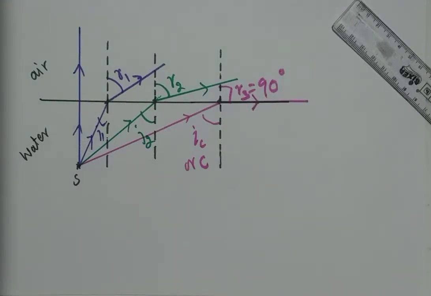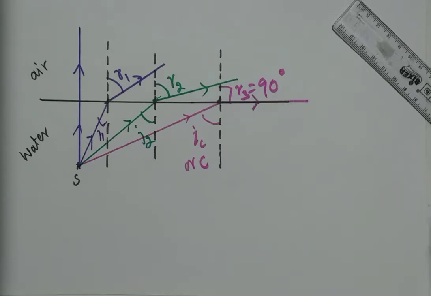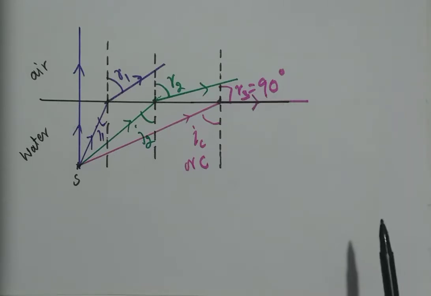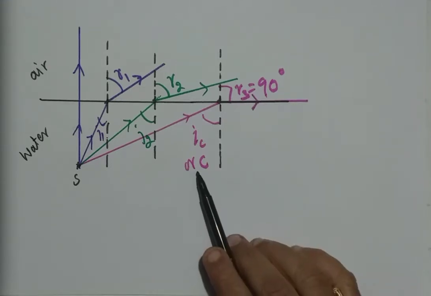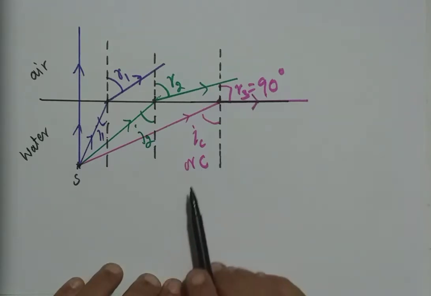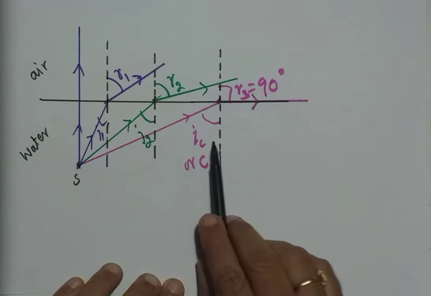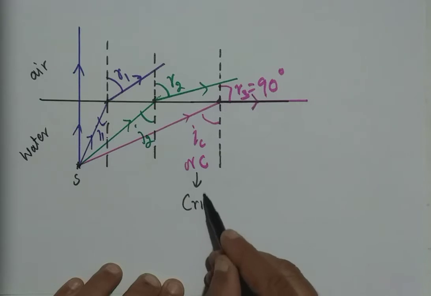That means whenever a ray of light travels from denser to rarer, there is a particular angle of incidence, which we call as IC or C, for which angle of refraction becomes 90 degree. This angle is very special as angle of refraction is 90 degree. And this angle denoted by IC or C is called as critical angle.